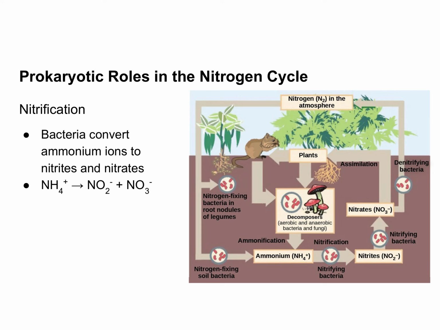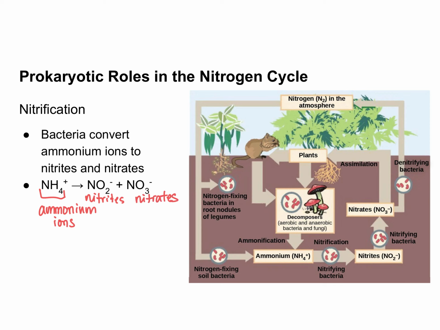So in this case, we have ammonium ions, and this is just an ionic form of ammonia. That can get converted into nitrites and nitrates.